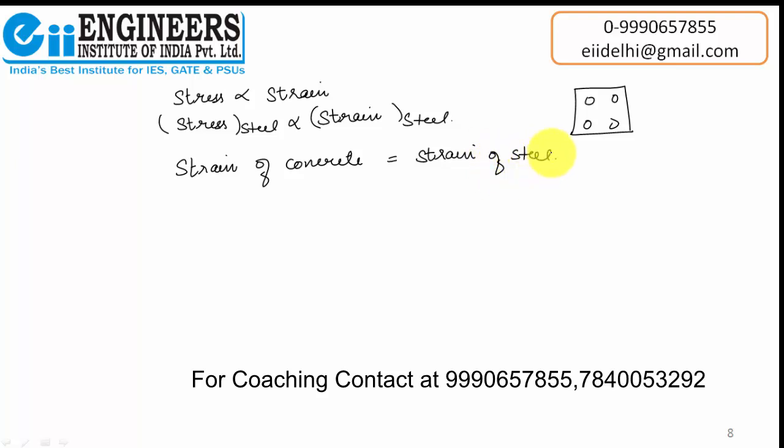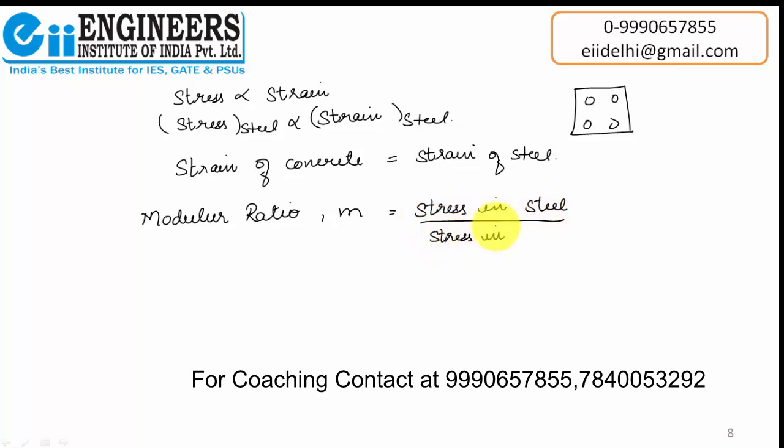So this method considered a term which defines a relation between these two values. This method considered the term modular ratio, which is equal to stress in steel upon stress in concrete.